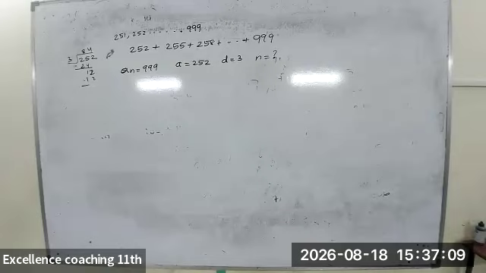So first term is what? a1 plus a2 plus a3 plus a4 plus a5 is equal to the next 5 terms, a6 plus a7 plus a8 plus a9 plus a10. So what will be your a2? a plus d. What will be a3? a plus 2d. a4 will be a plus 3d. All those a's and d's will get added.